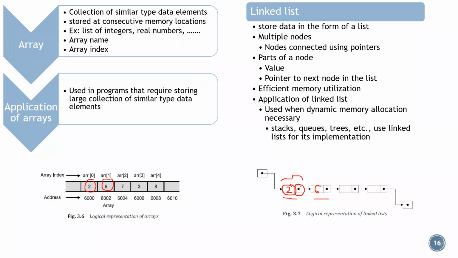But this memory location's address is stored in this field. So this node will be having one part which is actually the value or the information, and this one will be a pointer to the next data. So it will be having the address of the next data. So in this way, all these data will be interlinked.